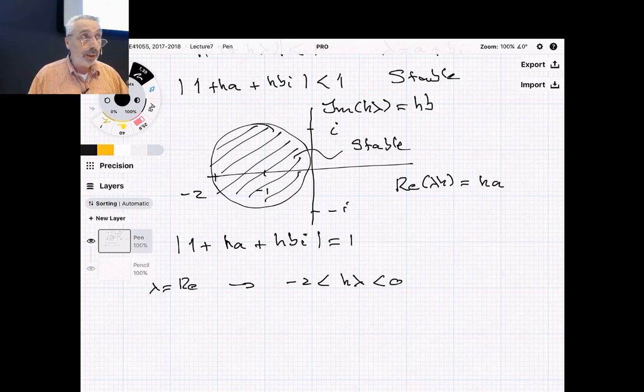First of all, to be stable, lambda has to be negative. Negative step size is not what I'm talking about; that will be another solution. And the other thing is, of course, that the step size should be smaller than 2 over lambda.